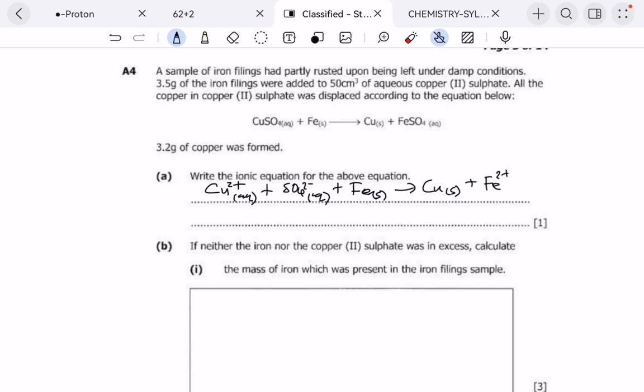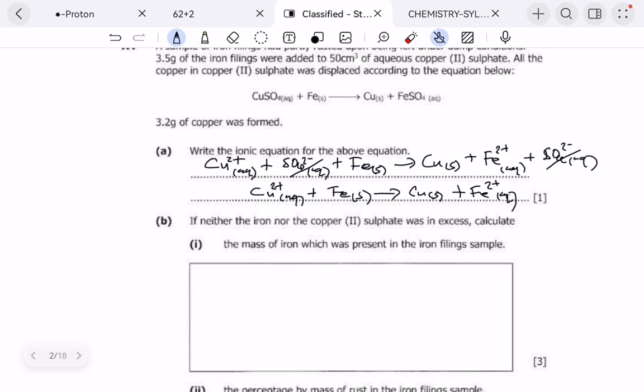Then FeSO4 will dissociate to Fe2+ and SO4 2-. At this point, you just identify the spectator ions and cancel them, then the final becomes this: Cu solid, then Fe2+ aqueous. So that's the final answer.